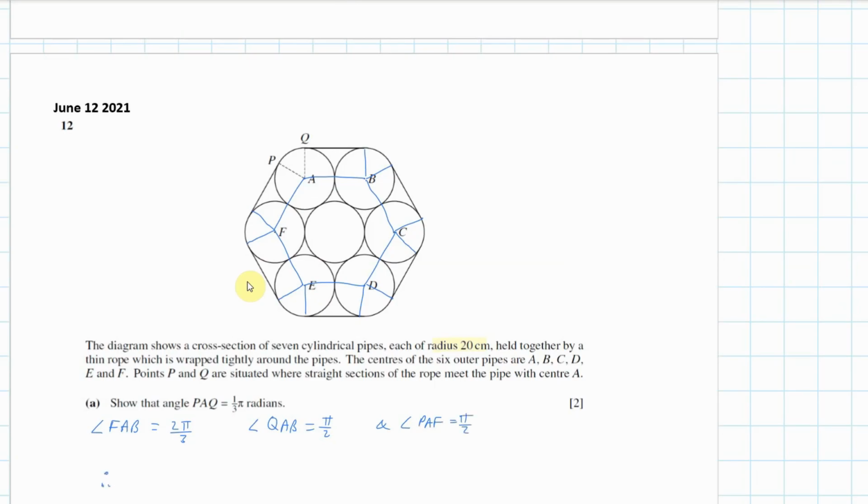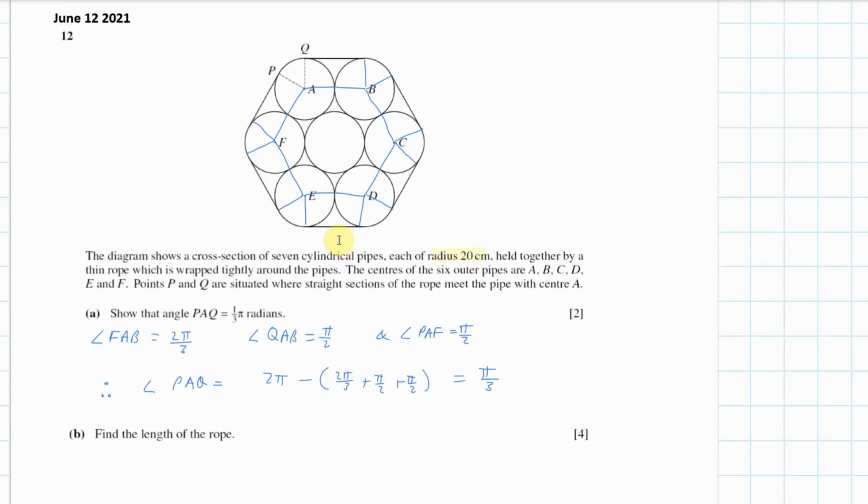And therefore, angle PAQ is 2 pi, take away all of those things added together, 2 pi over 3 plus pi over 2 plus pi over 2, equals pi over 3.